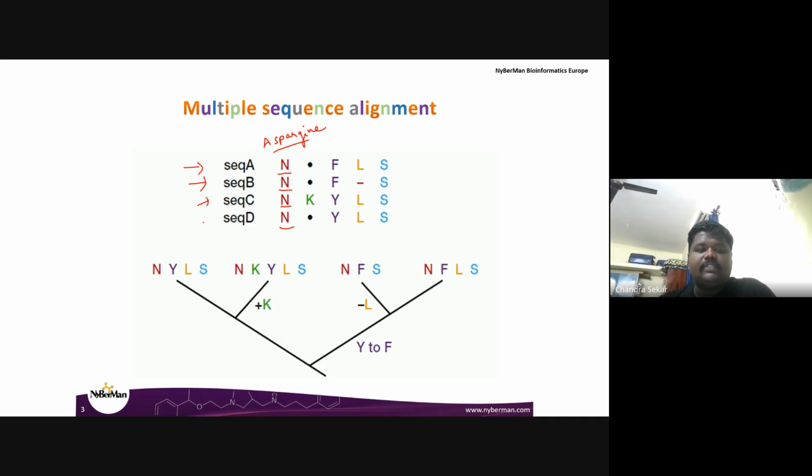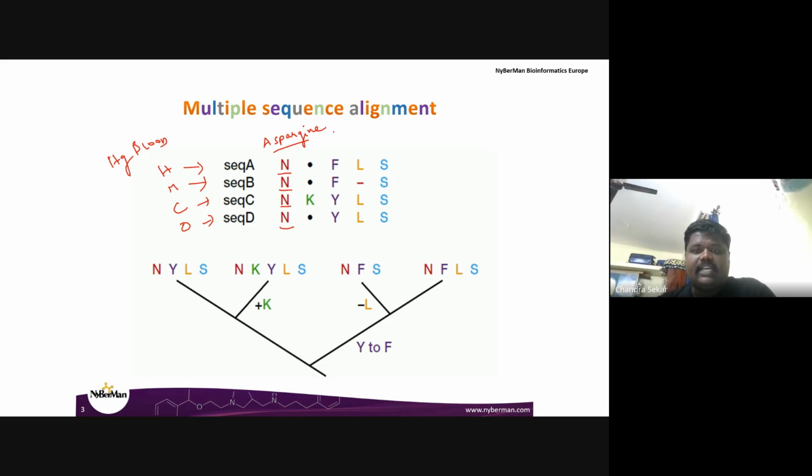Imagine these four sequences are four different organisms. For example, the hemoglobin protein in blood will be different in different organisms at some points. Let us say humans, monkey, chimpanzee, orangutan. I'm giving that as an example.